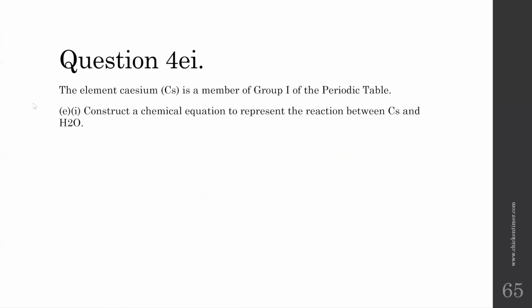Okay, then this one, construct a chemical equation to represent the reaction between cesium and water. So I'll wait for you to write it. If you need help, the products of the reaction, you can find them in the slides as well, on previous pages.